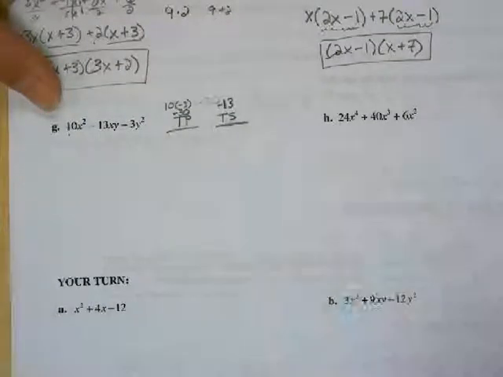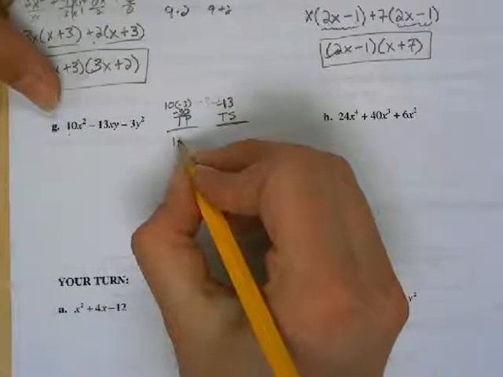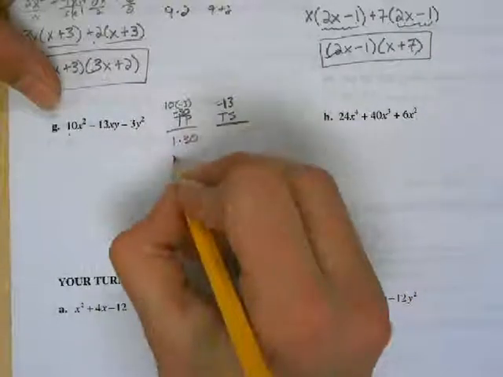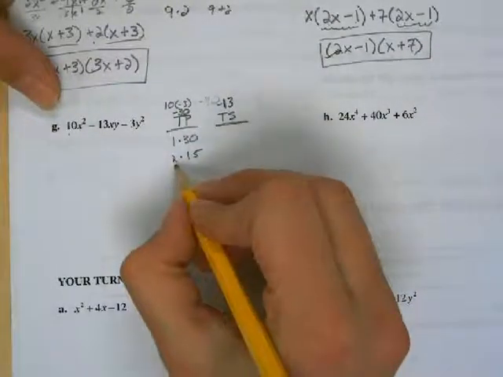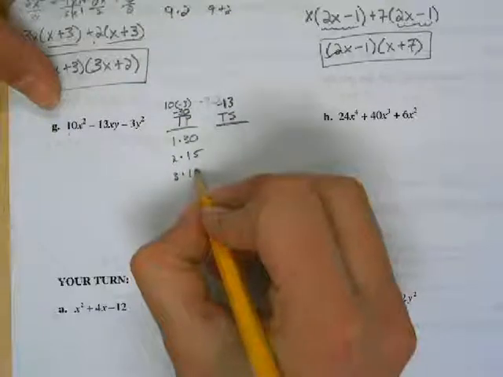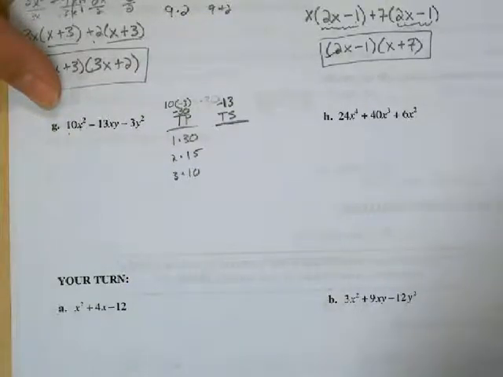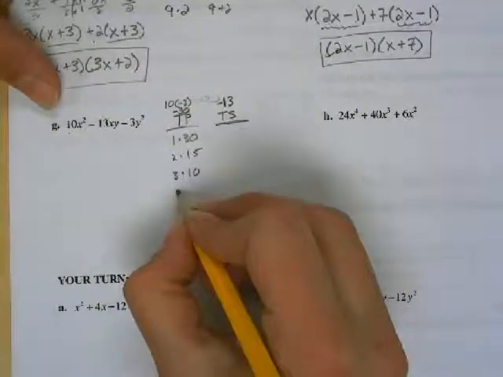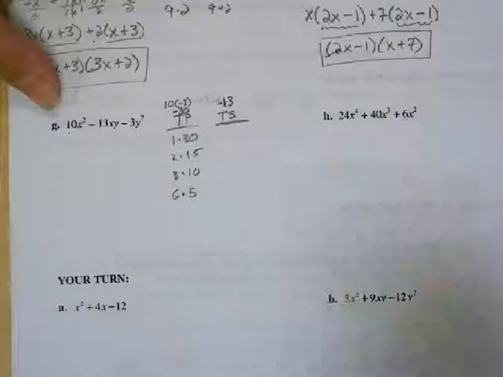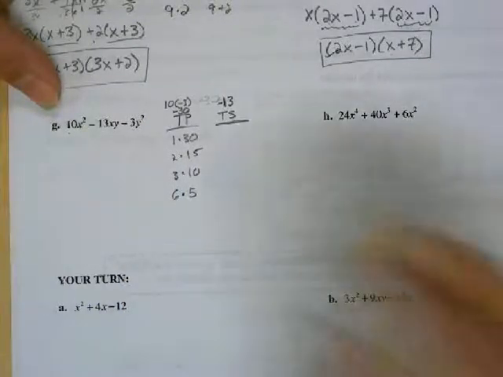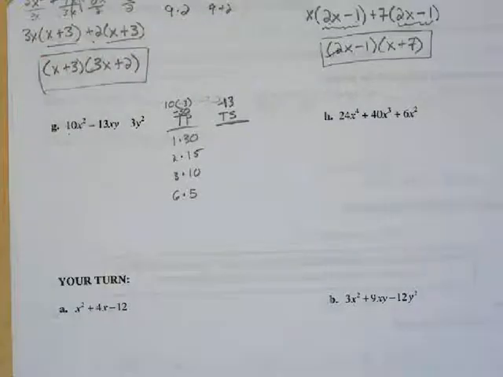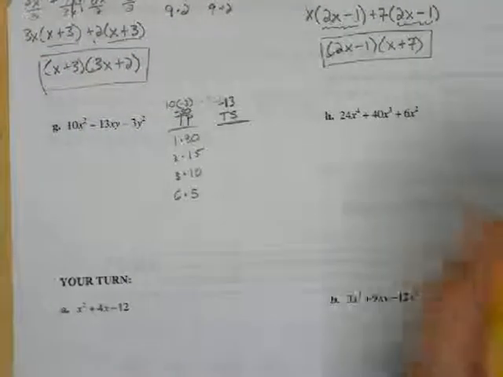So start listing things out. 1 times 30, 2 times 15, 3 times 10, 6 times 5. Okay, I believe that's it. So now within those, 1 and 30 I think is kind of obvious.